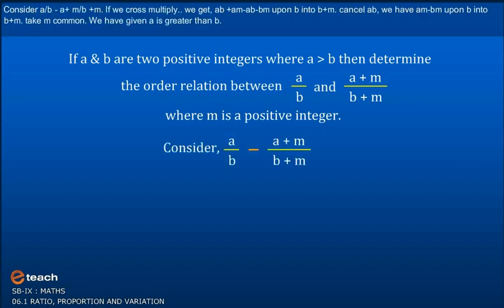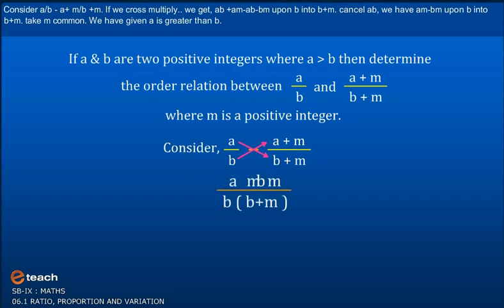Now consider A by B minus A plus M by B plus M. If we cross multiply, we get AB plus AM minus AB minus BM upon B into B plus M. Now cancel AB. We have AM minus BM upon B into B plus M.